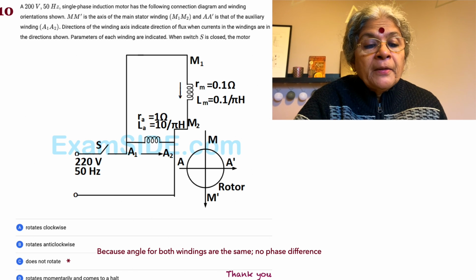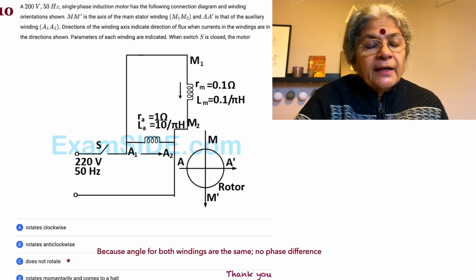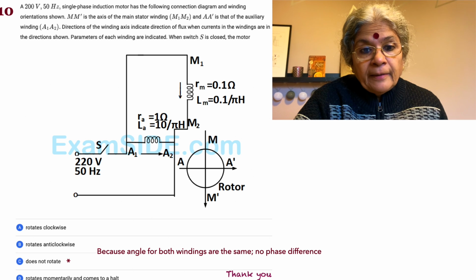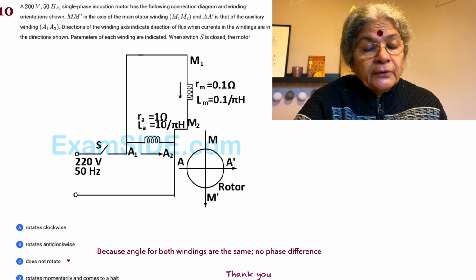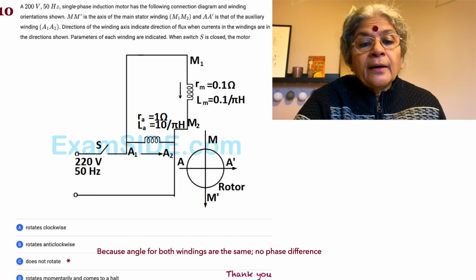The tan phi A is 10 by pi divided by 1, or it is equal to 10 by pi. And tan phi M, or the angle for the main winding, will be given by omega, of course omega is the same, omega times 0.1 by pi divided by 0.1.